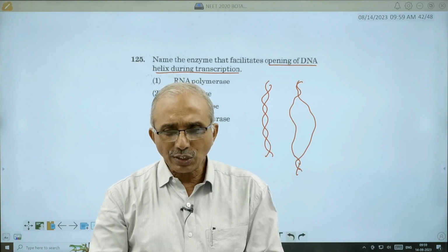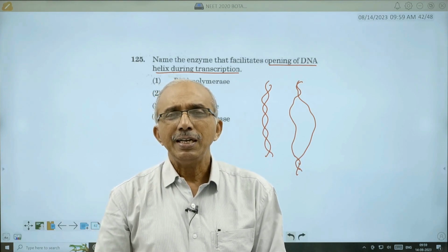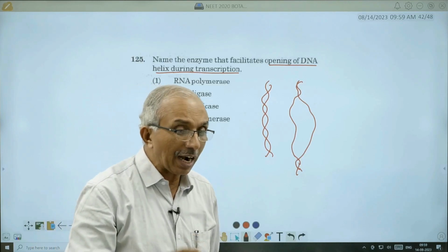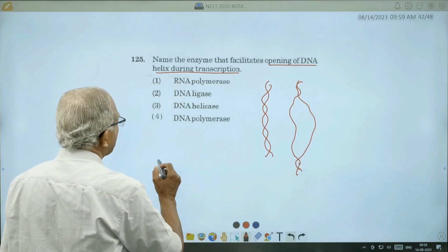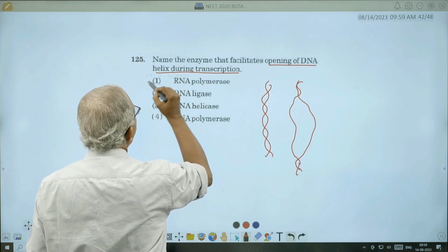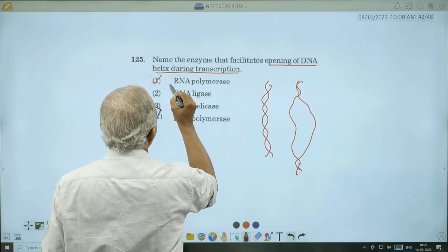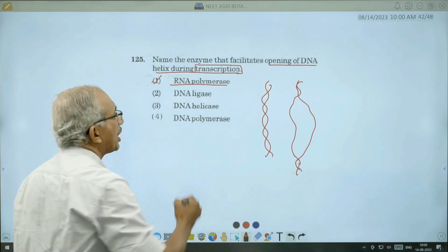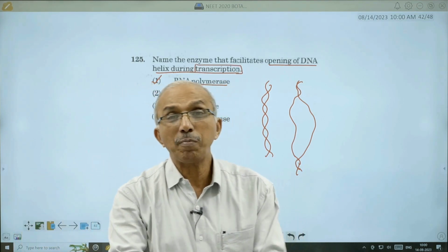The 2 strands of DNA are separated. During transcription, it is done by RNA polymerase.